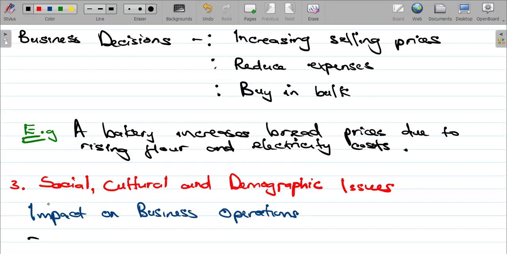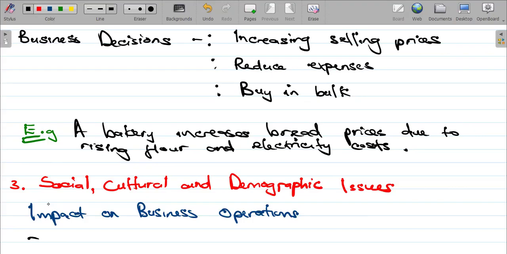Labor becomes scarce if the population consists of maybe old people. Urbanization changes customer needs, and cultural preferences influence product demand.